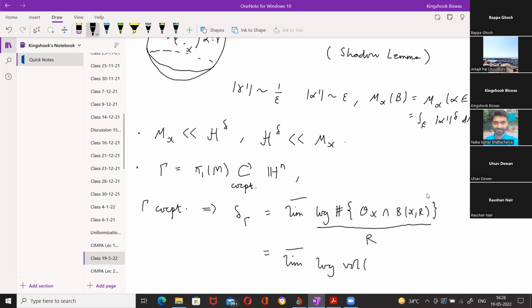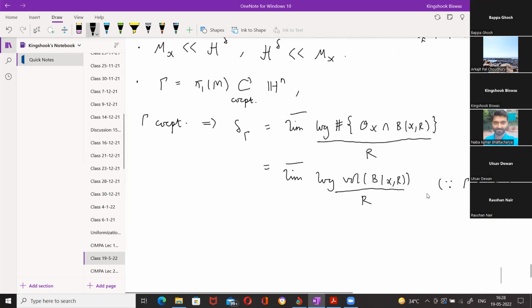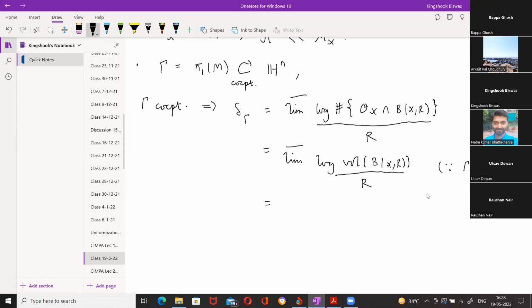So this will be the same as log of the volume of the ball of radius R divided by R, because gamma is co-compact. And this I know for hyperbolic space, this is n minus 1.